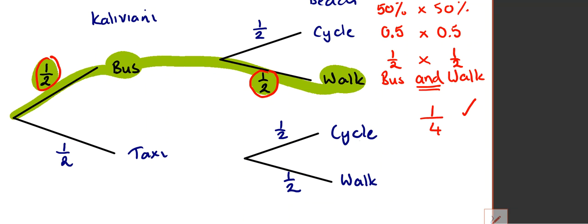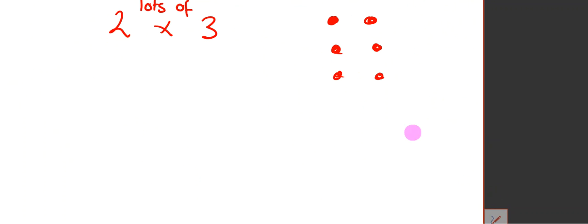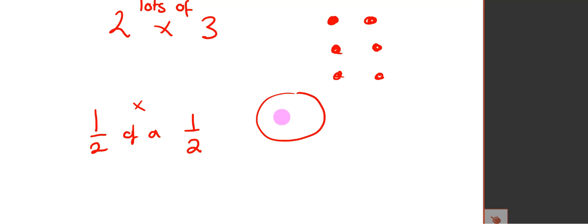This could be half of a half. And what is half of a half? Half times a half means, let's say I have a cake, but I only have half the cake. And if I say now I only get half of that half, what is it?